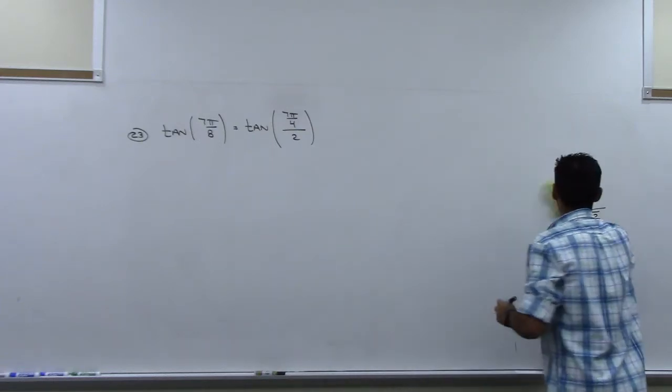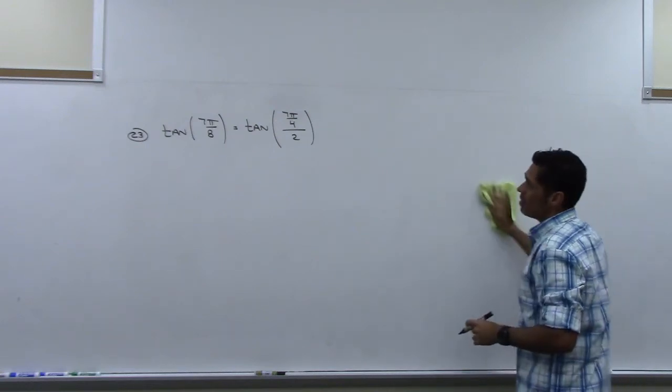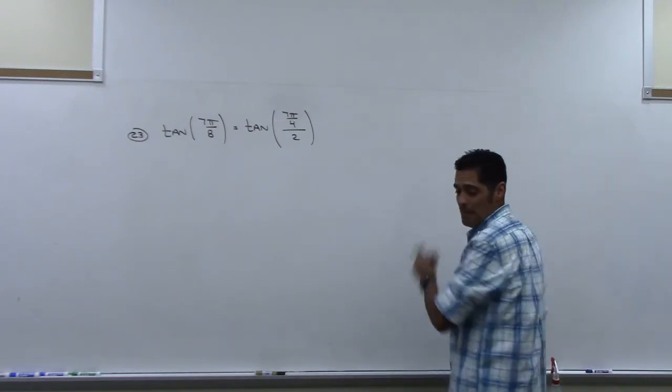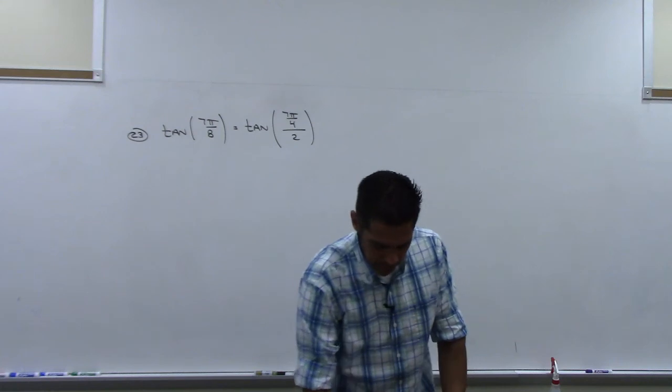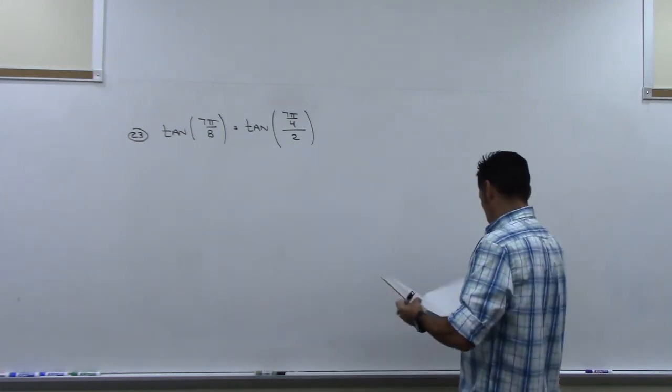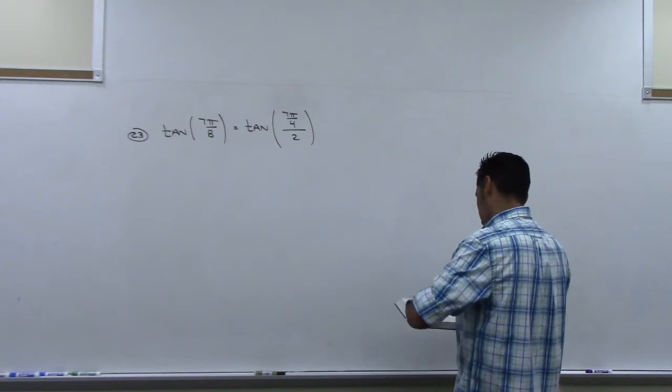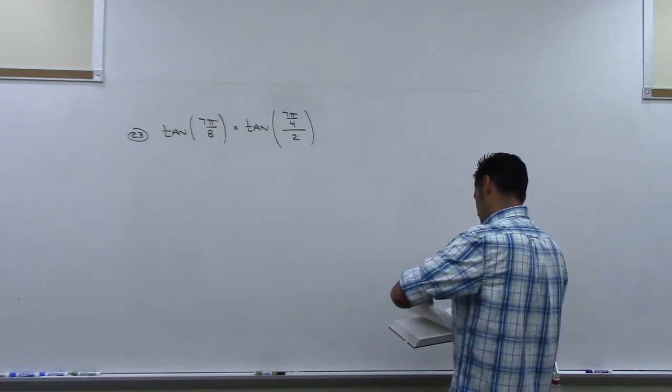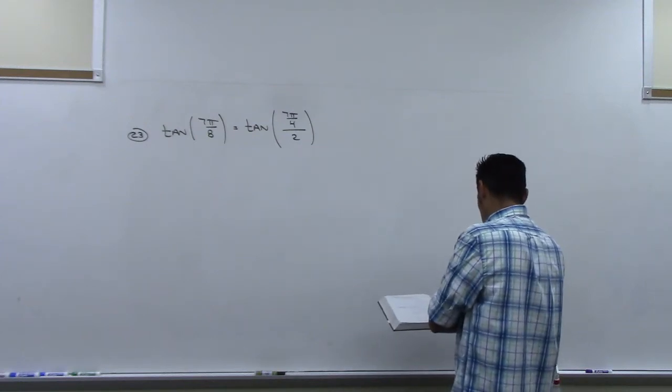Now, do we have a formula for this? Well, we do. I'm actually going to pull the exact formula. We didn't talk about the formula in class, but there is a formula for half angle for tangent. It's just easier if I use the formula here.